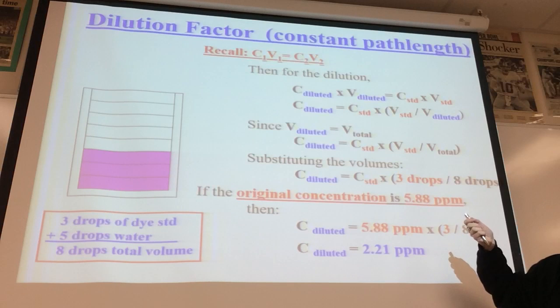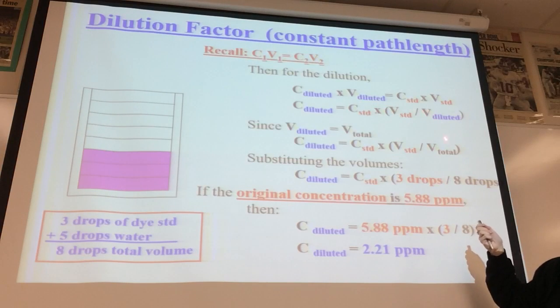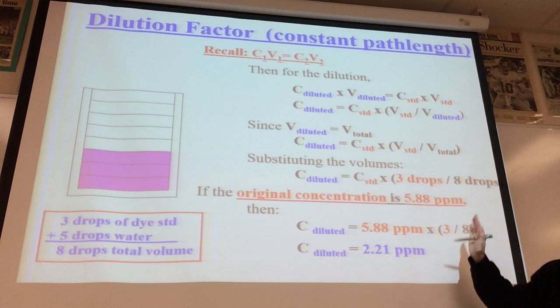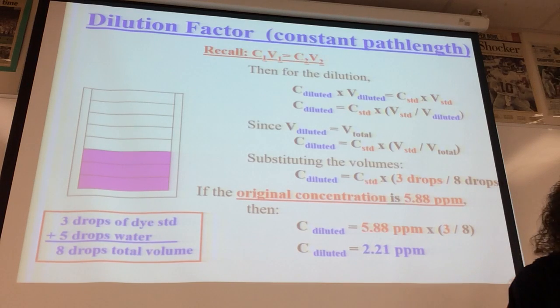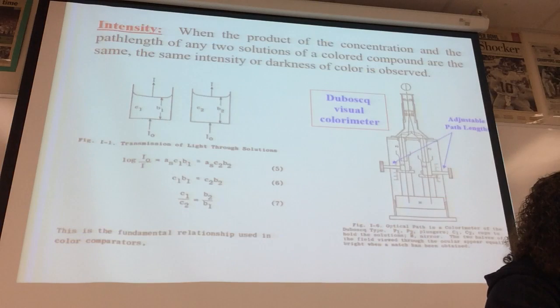So you can calculate the concentration of a dilute solution by multiplying the concentration and volume of the standard, or the concentrated one, over the volume of the dilute. I'll give you an example of that in just a minute, but it's very simple to do.